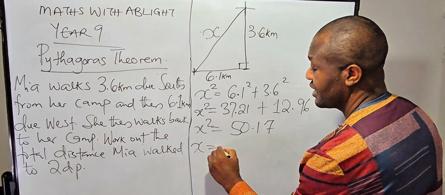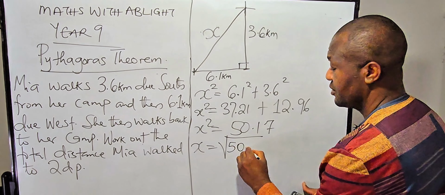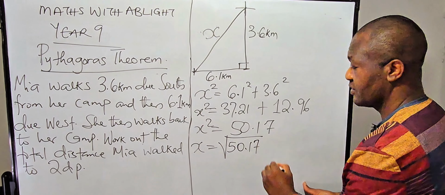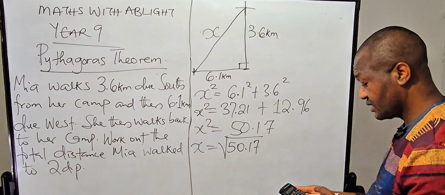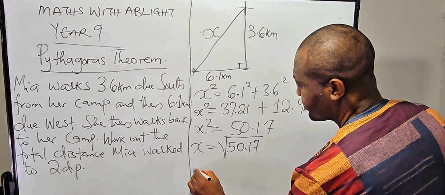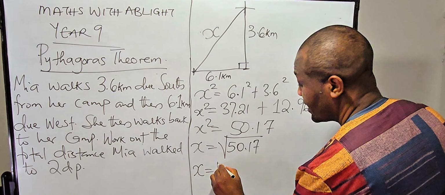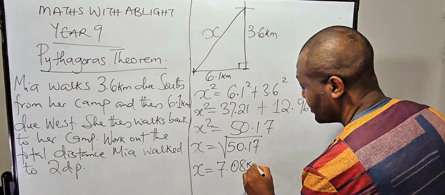X is therefore the square root of 50.17. What is the square root of that figure? It gives us 7.08. We'll leave it at that. 7.08 kilometers.